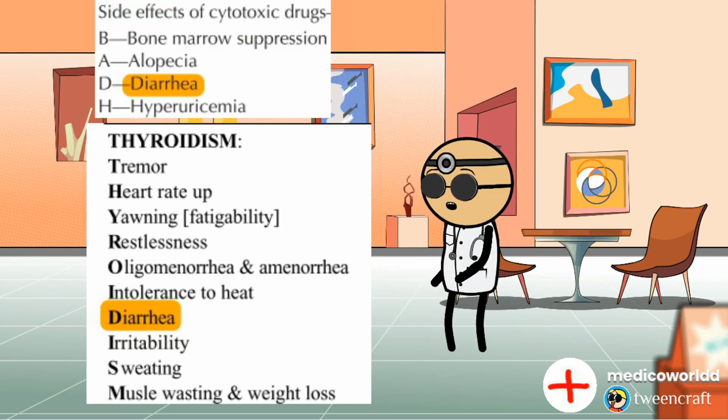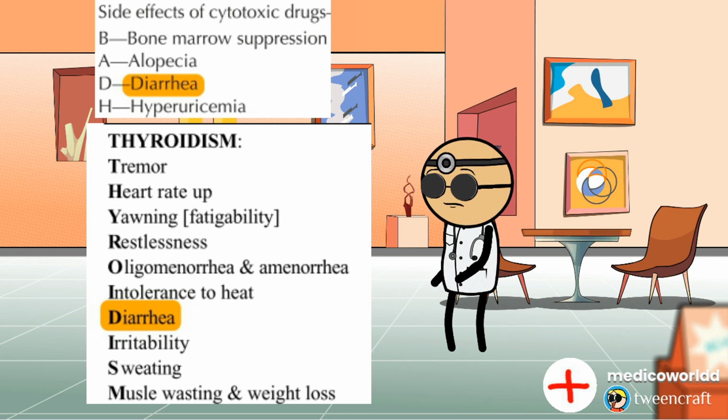Okay, here we are going with the diarrheas with the cytotoxic drugs. They are associated with bone marrow suppression, alopecia, and hyperuricemia. You can remember BADH for the cytotoxic drug side effects. Now, the diarrheas related with hyperthyroidism.